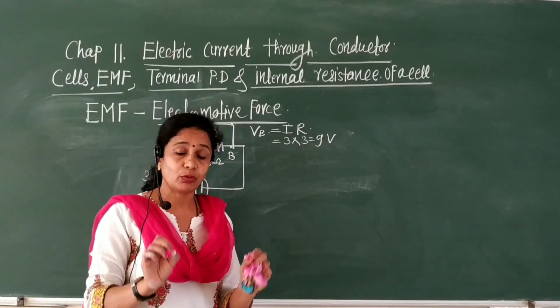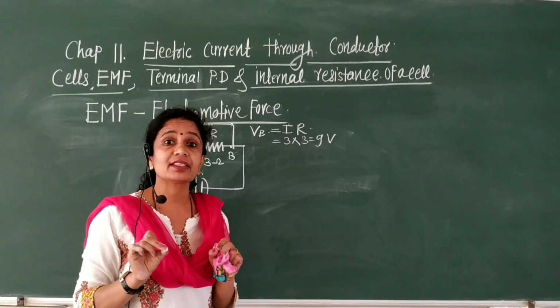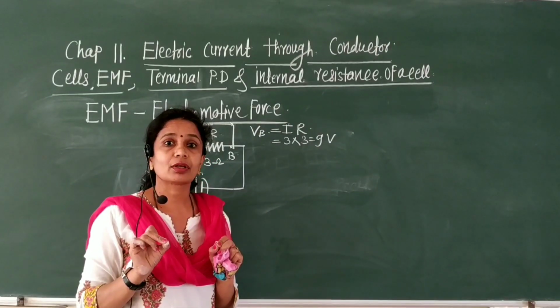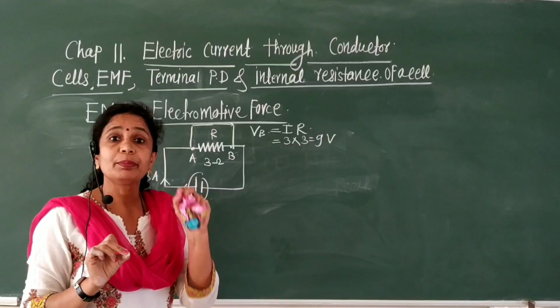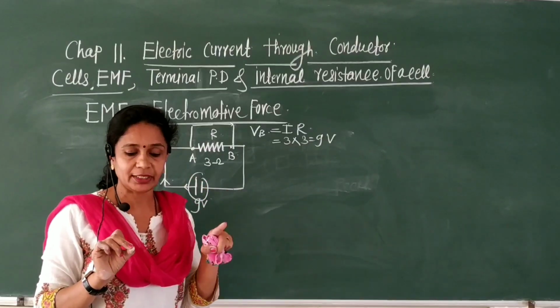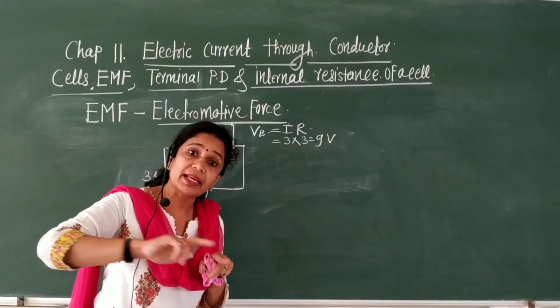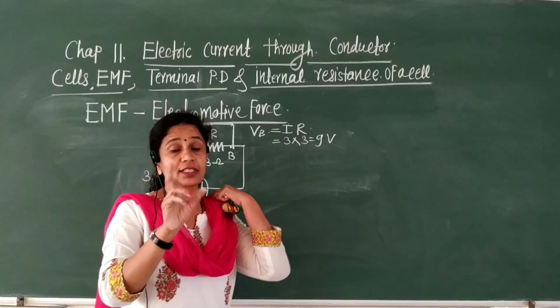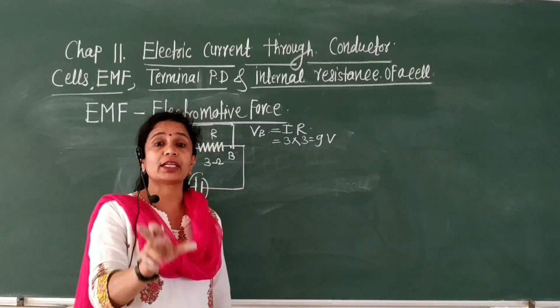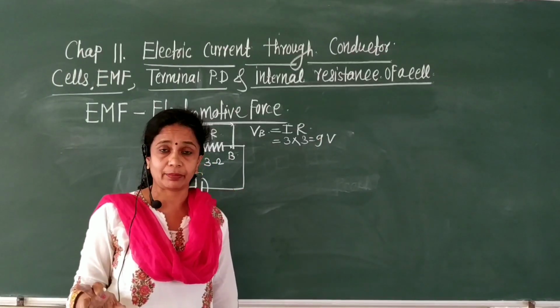Therefore EMF maintains the voltage or PD. And what is the potential difference? Potential difference makes the electron flow. This is the difference between the potential difference and EMF.